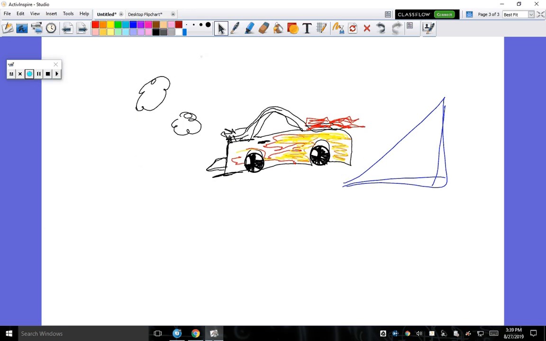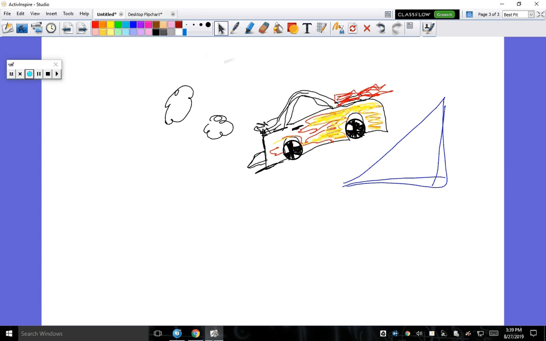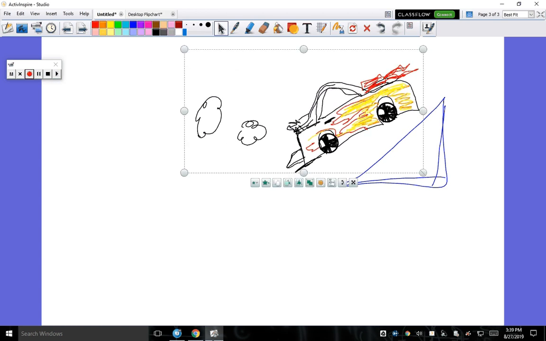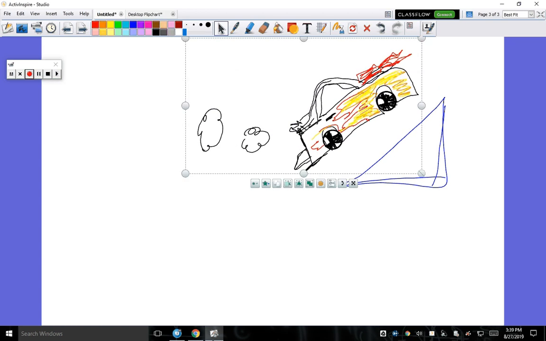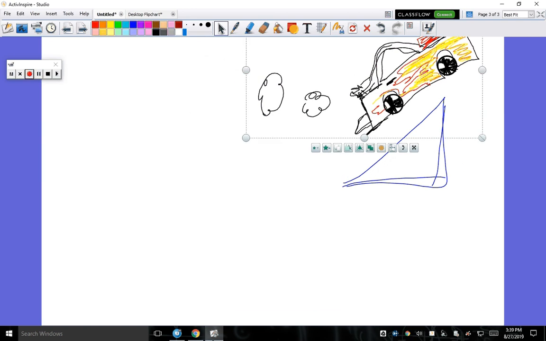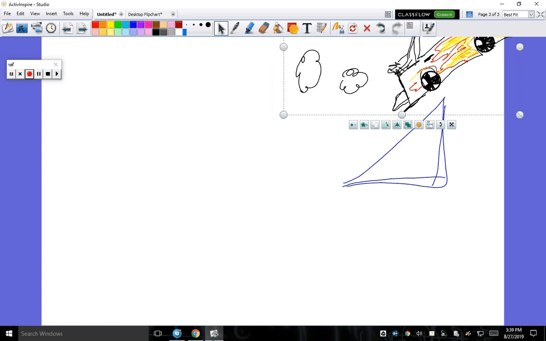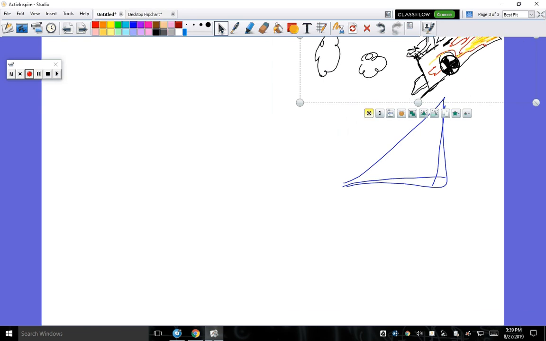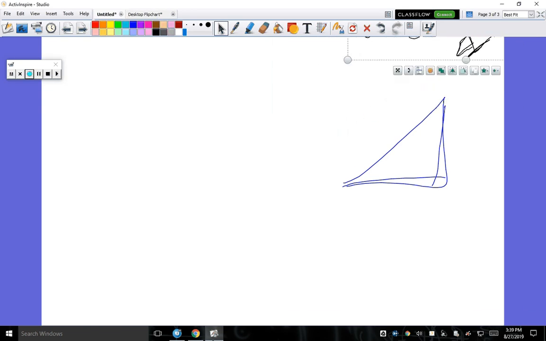And then we'll ramp it. Oh, I don't want to get rid of the exhaust. It's lovely. And it just appears. Alright, cool.